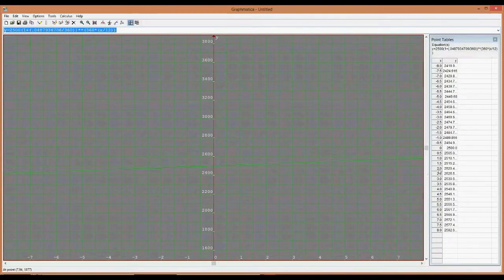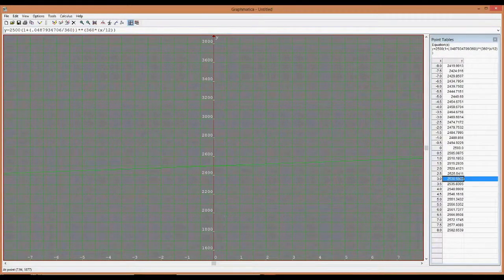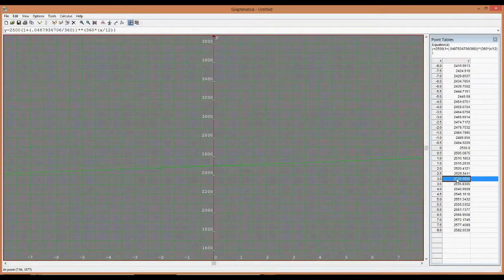So now you can go down your data table and find 3, and drag this over so you can see the whole thing. We can write down the y value, 2,530.6806, and then go down to 5: 2551.3432.